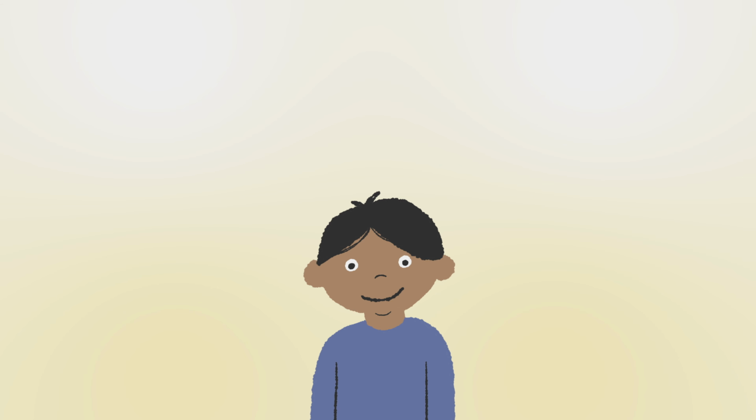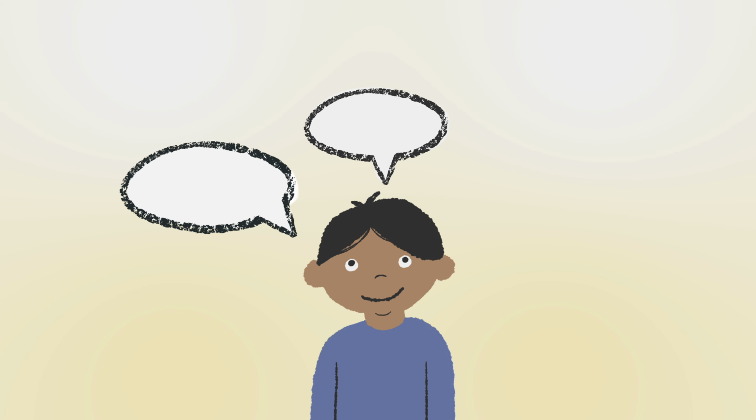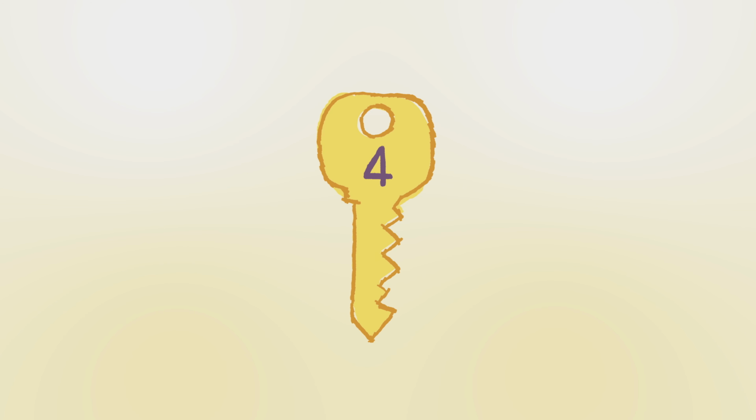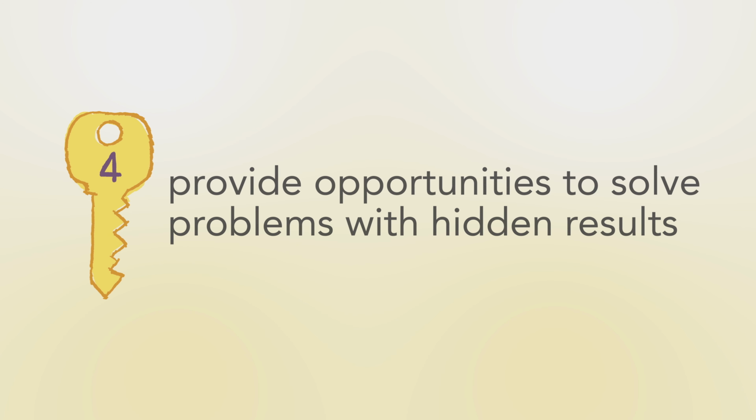To prompt children to begin imagining amounts and recalling known facts, you can implement the fourth key instructional practice in this module. Provide opportunities to solve problems with hidden results. In other words, you create a situation where a transformation occurs, and the resulting amount cannot be visually counted.